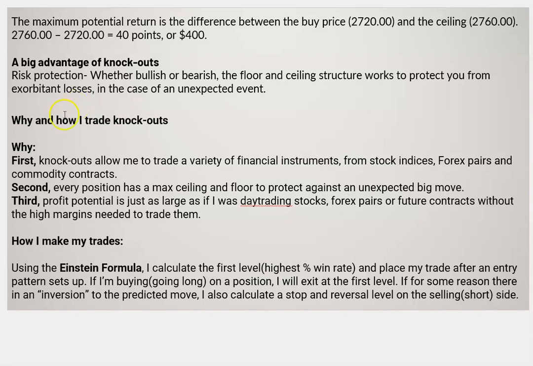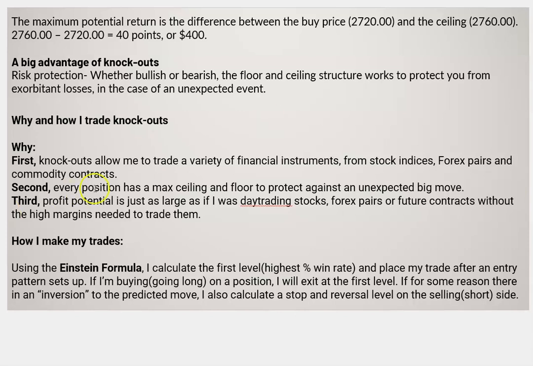So why and how I trade knockouts? So why? First, knockouts allow me to trade a variety of financial instruments from stock indices, Forex pairs, and commodity contracts. And we'll also be tracking Bitcoin as well once that gets fully on board.